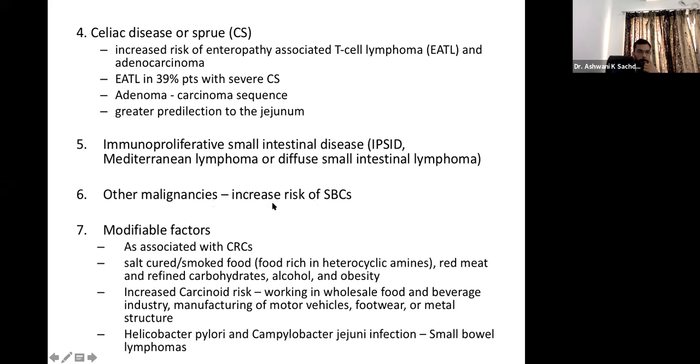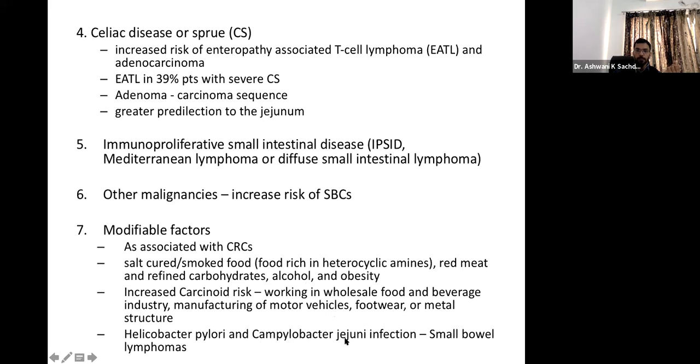are associated with increased risk of small bowel cancer, which we discussed. Modifiable risk factors associated with small bowel cancer are similar to those associated with colorectal cancer, like intake of salt-cured or smoked food, high intake of red meat, refined carbohydrates, alcohol, obesity, etc. There is also increased risk of developing small bowel carcinoid in people who work in the wholesale food and beverage industries, and in manufacturing of motor vehicles, footwear or metal structures.